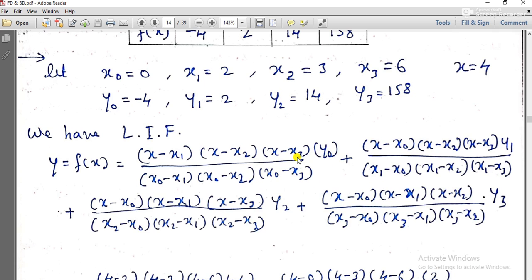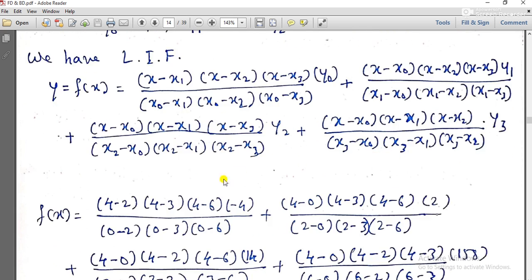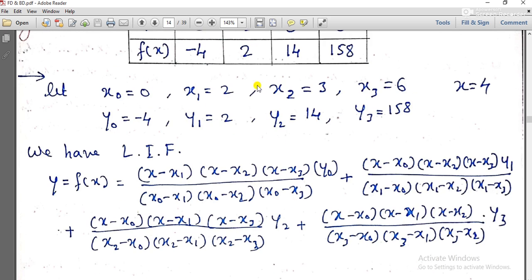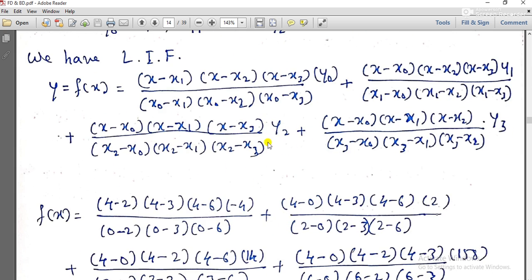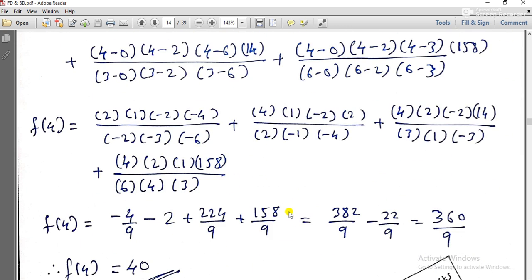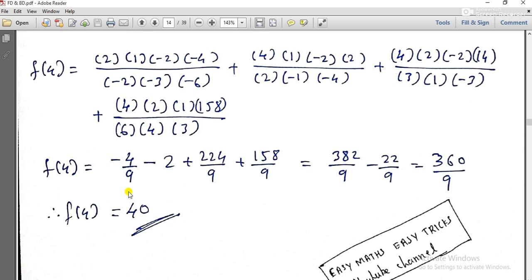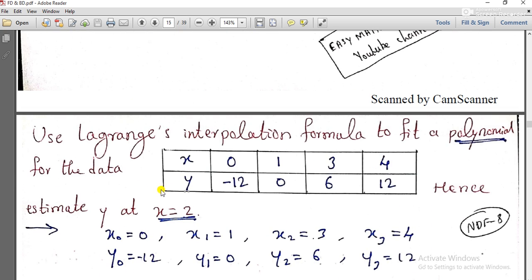Then (x minus x naught)(x minus x2)(x minus x3) into y1 divided by (x1 minus x naught)(x1 minus x2)(x1 minus x3), like that. Write the whole formula and substitute all the values: x naught, x1, x2, x3, y naught, y1, y2, y3, and the x value. Simplify and you get 40. So this is the f of 4 value.